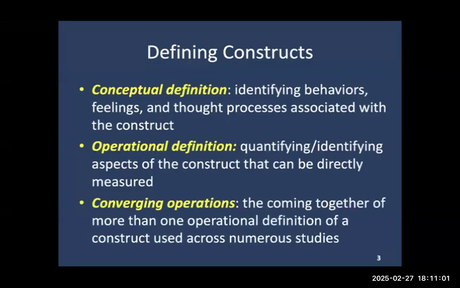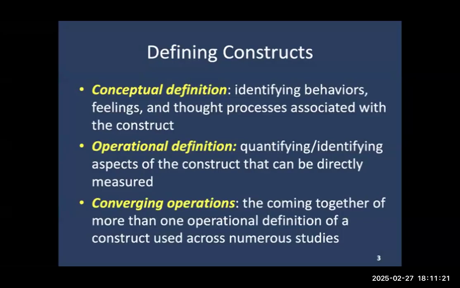When we talk about converging operations, because we are talking about psychological constructs that can be squishy, right? Because we're people. Often we don't want to rely on only one kind of measure or observation to support the conclusion we're drawing about this person.